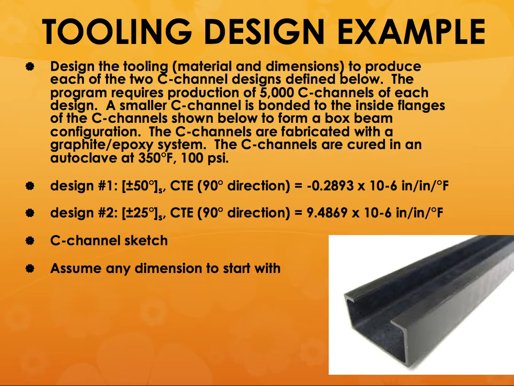So here is an example. If your part requires the production of 5000 C channels, and there is a smaller C channel bonded to the inside flanges, and so your design number one in the 90-degree direction, it can be like minus 0.2893 parts per million.